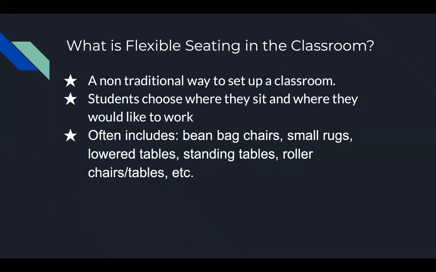So what is flexible seating in the classroom? It is a non-traditional way to set up a classroom. This is not seen in many classrooms, and students choose where they sit and where they would like to work. So they choose maybe who they work best with and what areas of the classroom they would be most successful working in. And they often include beanbag chairs, which are really fun, small rugs, lower tables, standing tables, roller chairs and tables.